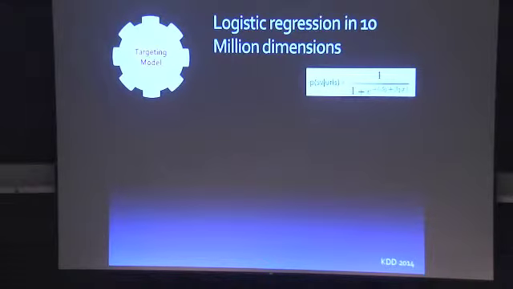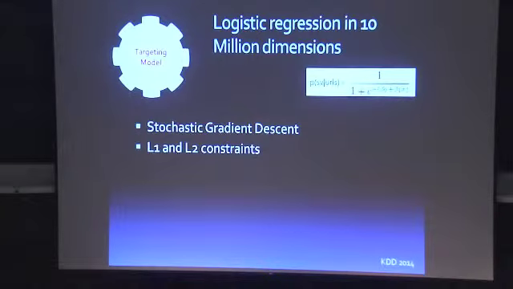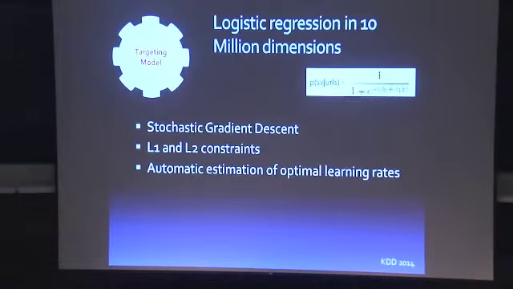So let's move on. And now the question is, how can you predict site visits based on a large dimensionality of URLs? First thing, we're going to use stochastic gradient descent, logistic regression. We'll put in a couple of constraints to further reduce the variance. That should sound familiar given the last talk, so I don't have to talk about this.